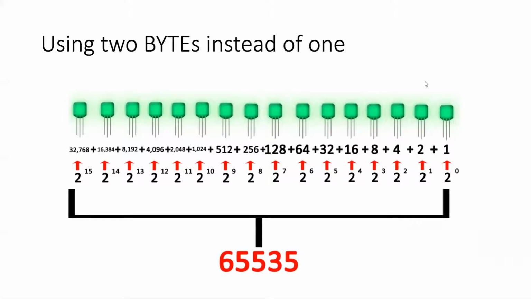For example, instead of just having 1 byte, we can have 2 bytes to represent all the different data that we need. With 2 bytes, we have a huge improvement. 2 bytes is essentially 16 bits, so we go from 2 to the 0 to 2 to the 15.